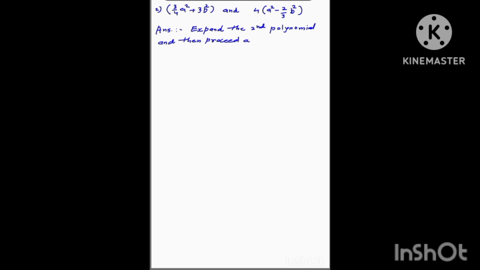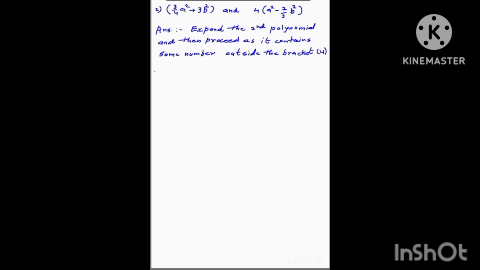Always open the brackets if any term or any constant is multiplied to the bracket. This is a number which is multiplying outside the bracket, and this is 4 in the present case.